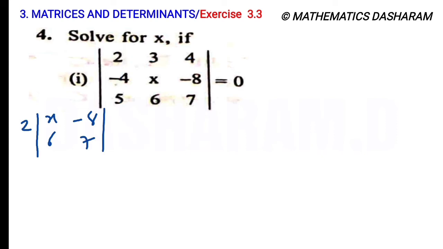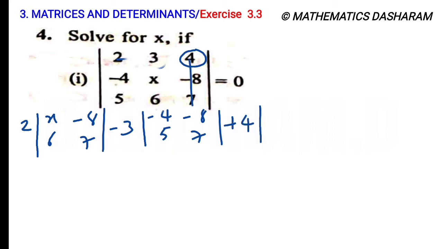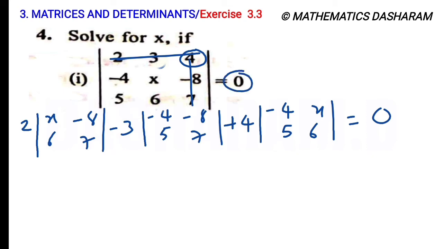Next the second element 3, but you should take the minus 3, into the determinant of minus 4, minus 8, 5, 7. Next the third element is 4, so plus 4 into the determinant of minus 4, x, 5, 6, equals 0, because the determinant value is already given as 0.